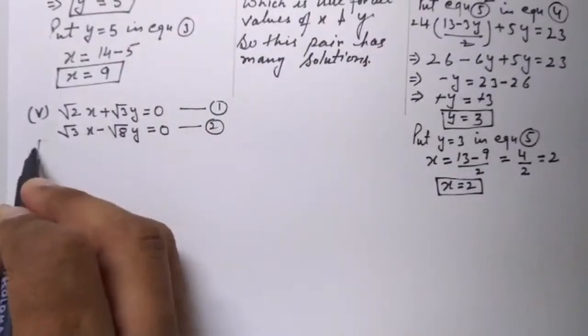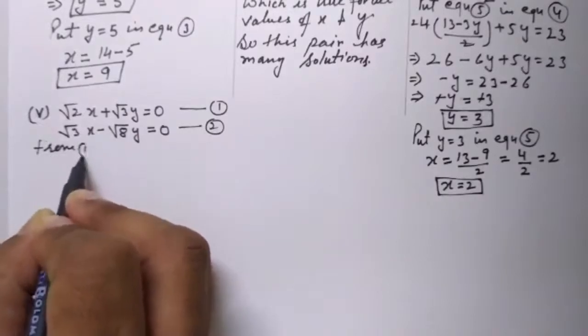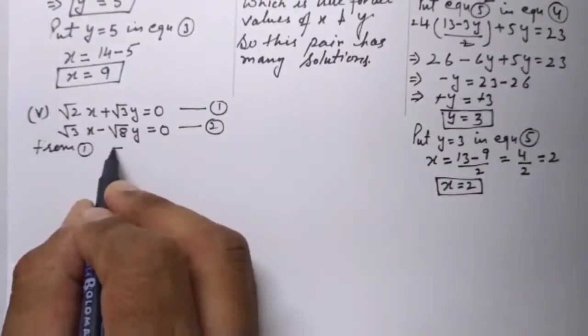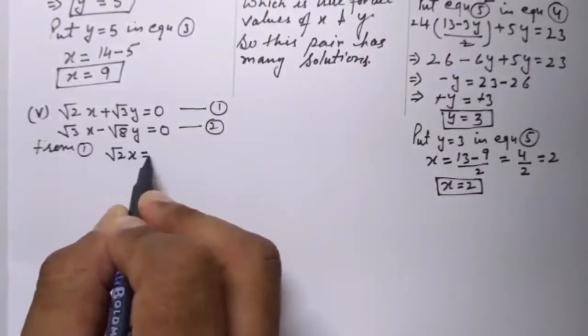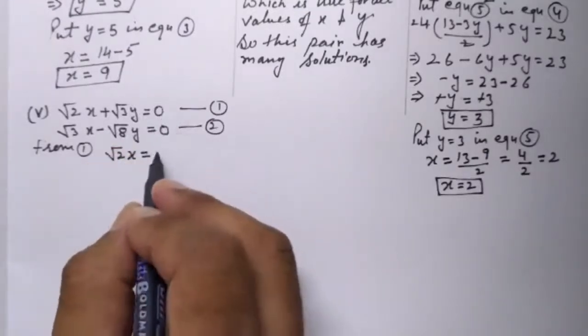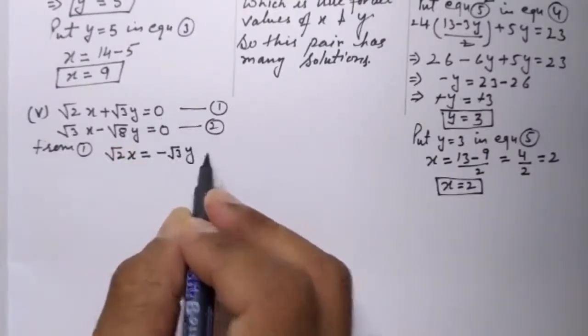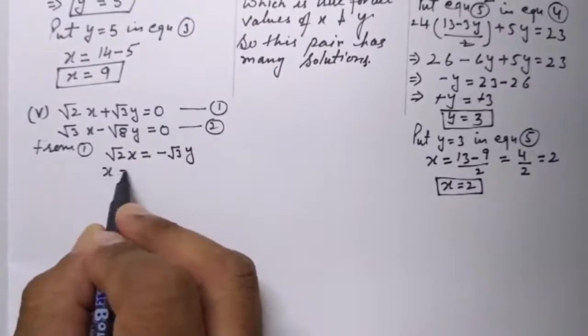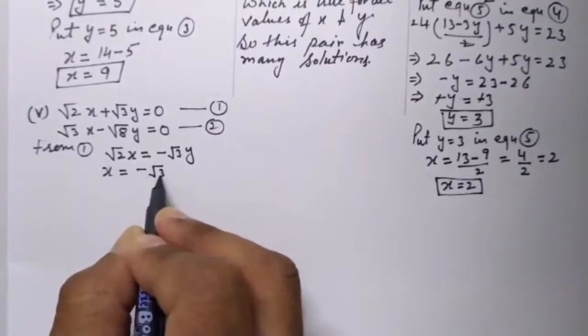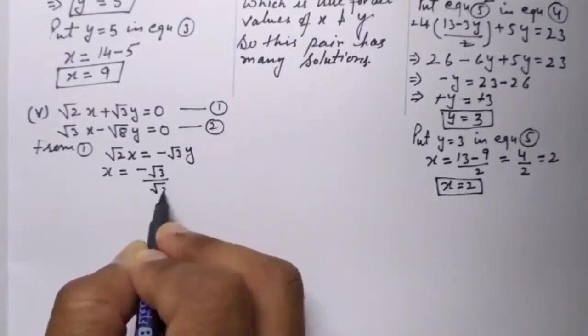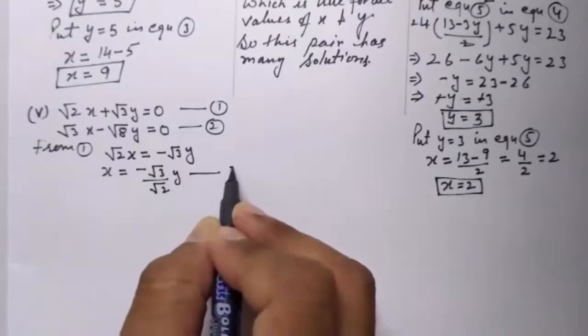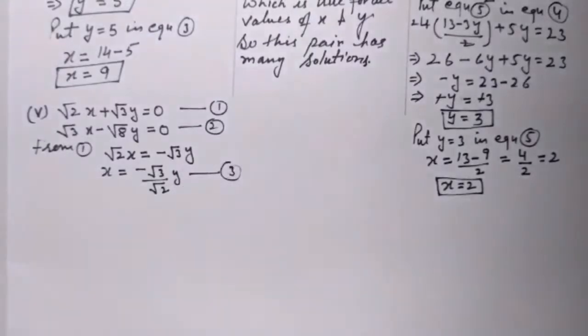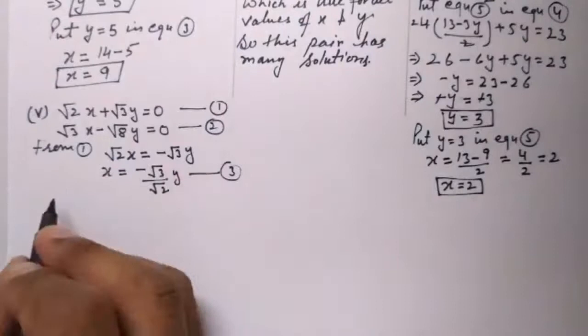So I write from 1, root 2x is equal to, this is going to the right-hand side, becomes minus root 3y. So it means x is equal to minus root 3 over root 2 y. Suppose this is equation number 3. I'll fill this value in equation number 2 now.